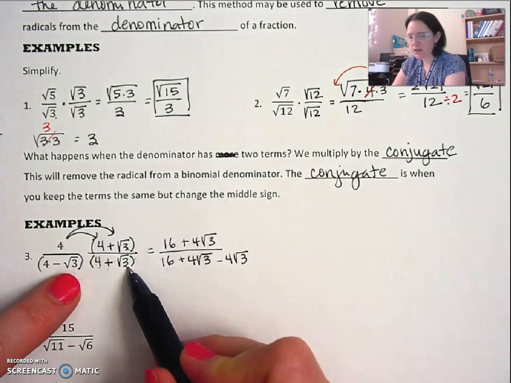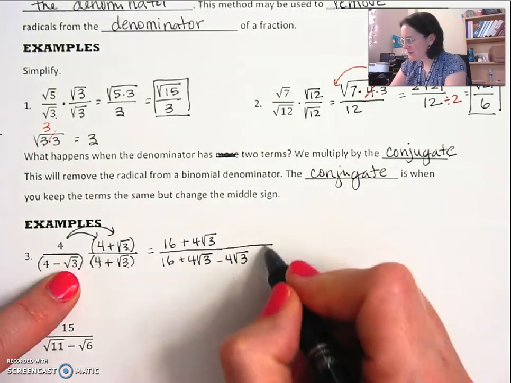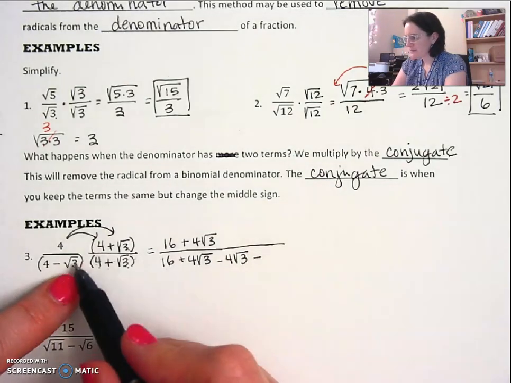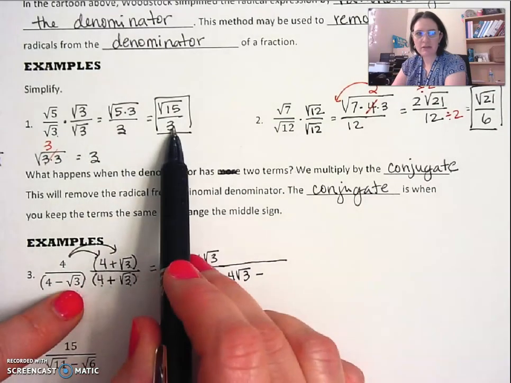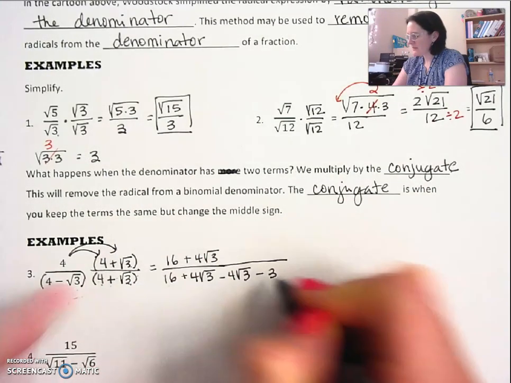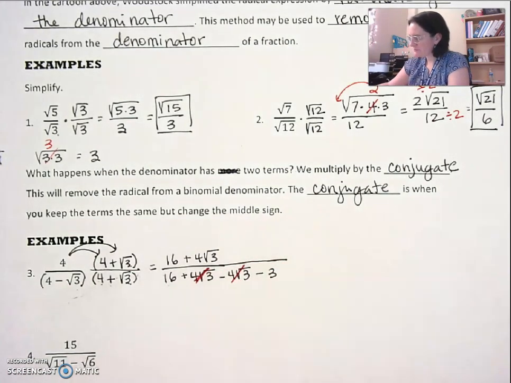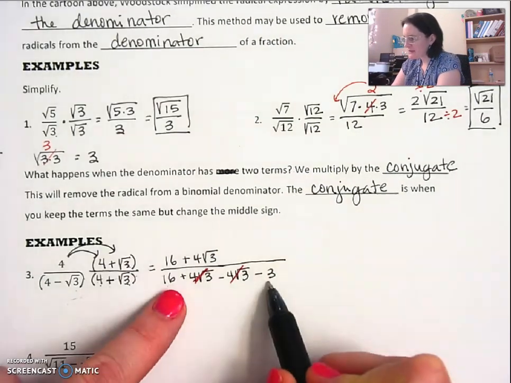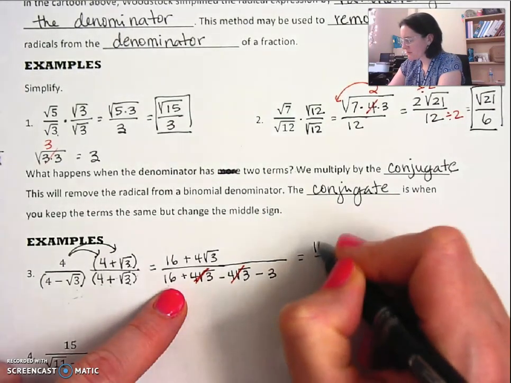And the last terms are negative radical 3 times positive radical 3, which is minus square root of 3 times square root of 3, just like we did up here, is 3. Now notice that the middle terms cancel out, and that leaves me 16 minus 3, which is 13.